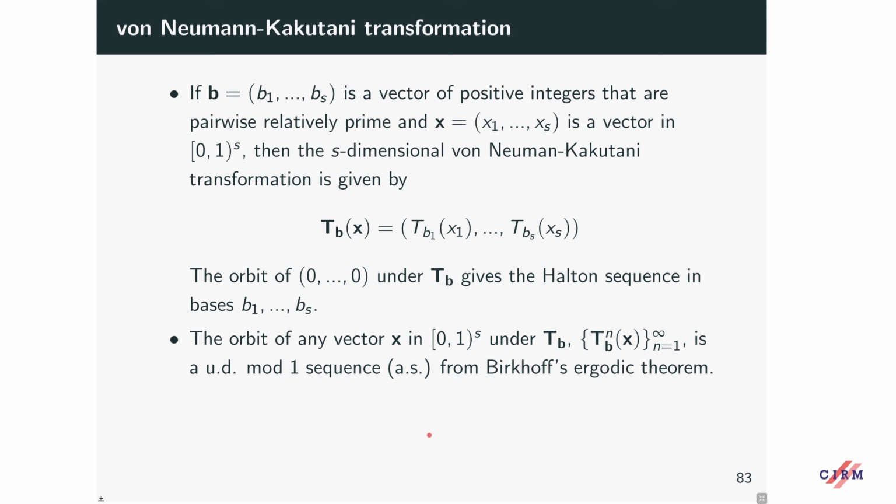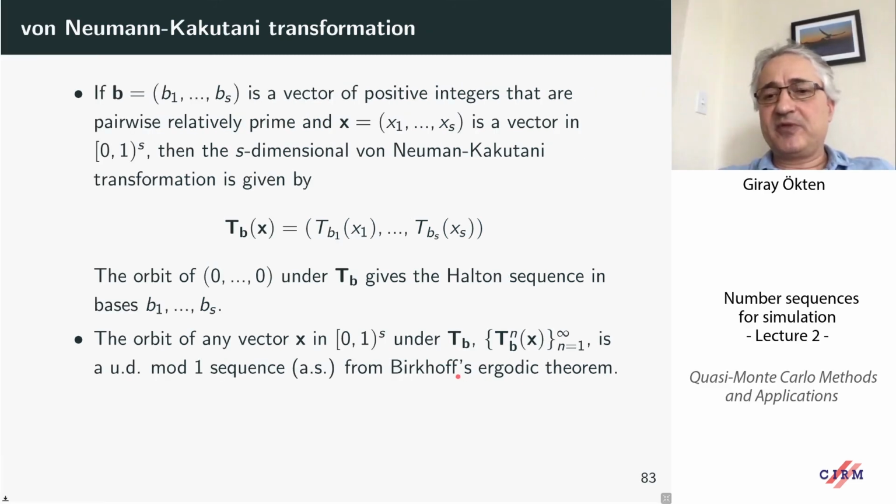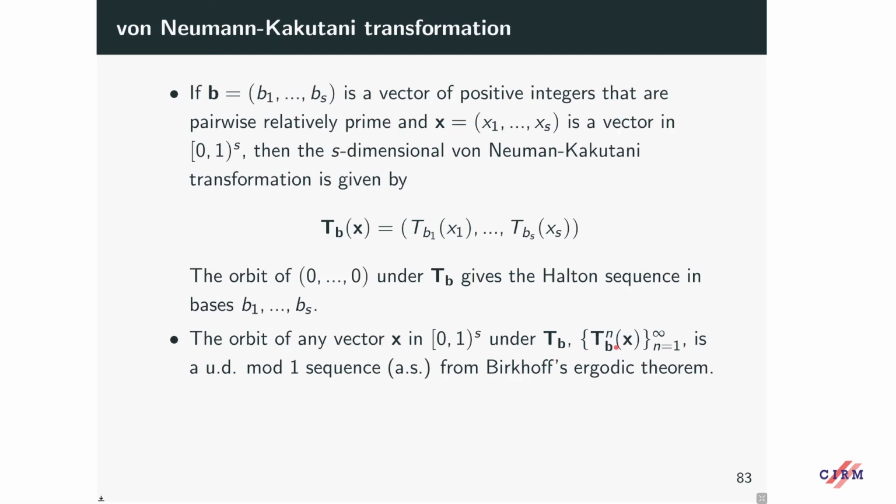And when you have an ergodic mapping, you have the luxury of using Birkhoff's ergodic theorem. Birkhoff's ergodic theorem says that if you look at the orbit of any vector x, and once again, the orbit means you apply the mapping to x repeatedly, you find T(x), then T(T(x)), and so on, that's the orbit. The orbit is u.d. mod 1 almost surely.